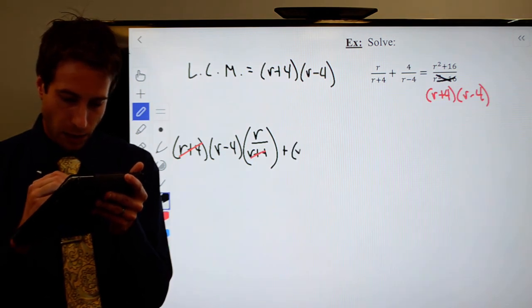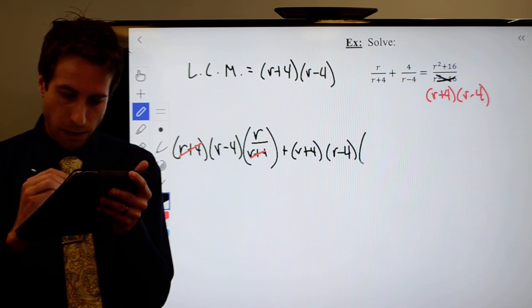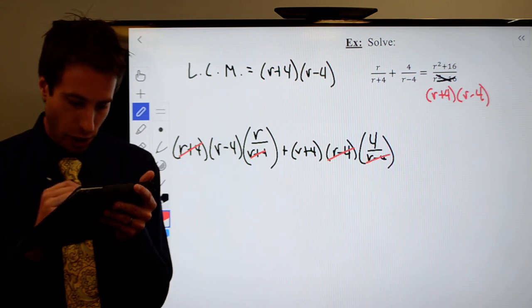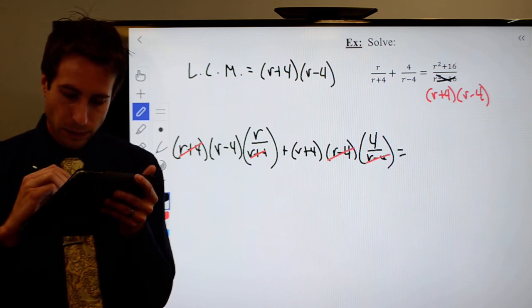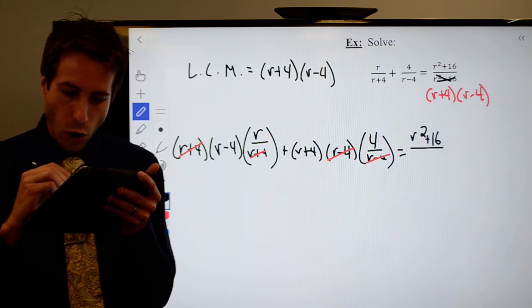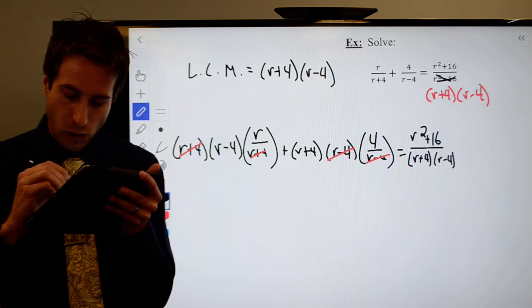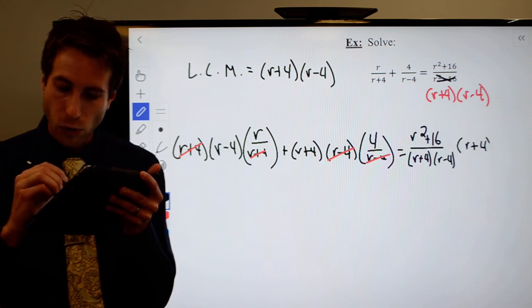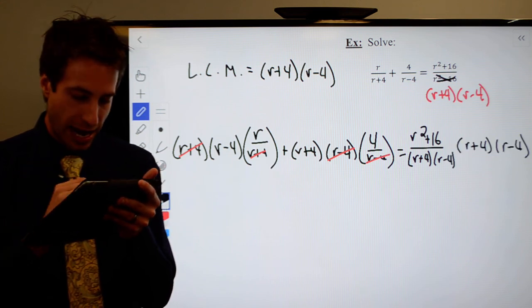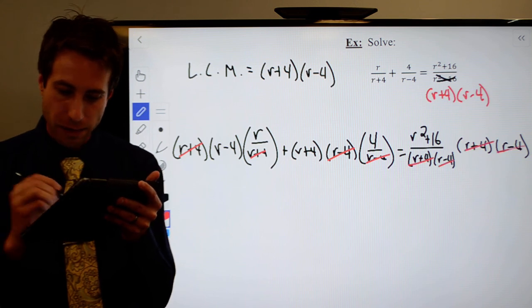Plus r plus 4 times r minus 4, 4 over r minus 4, and those r minus 4s drop out. r squared plus 16 over r plus 4, r minus 4, multiplied by r plus 4, r minus 4. And on that side, everybody drops out.